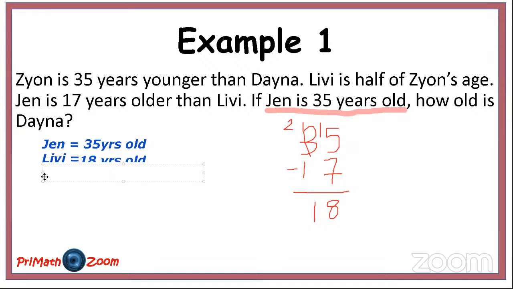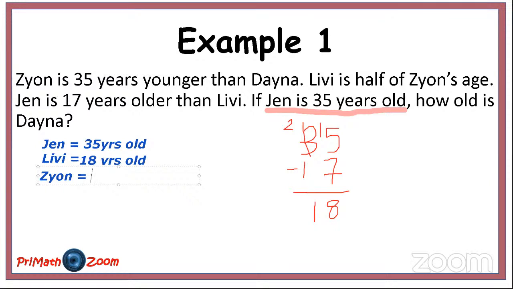They can show the working out in the chat as well. Zion's age has some sort of a relationship with Livy's age. And now that we have Livy's age, we can find out Zion's age. So you're going to tell me how you found out Zion's age.